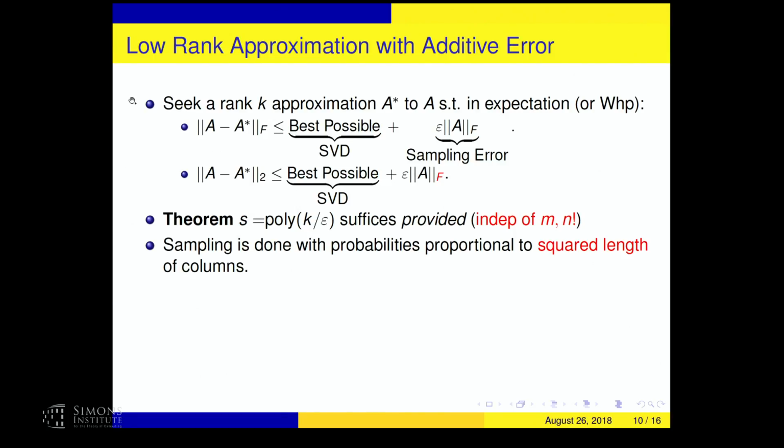Of course, we don't know that it suffices for other distributions. It suffices when you sample with probabilities proportional to the squared length of the columns. It is known for some other distributions, and you'll see them later, so I'll leave that for the later talk. So what is this? This is saying pick a column with probability proportional to the sum of squares of its entries. This is a distribution for which we know that this theorem works.